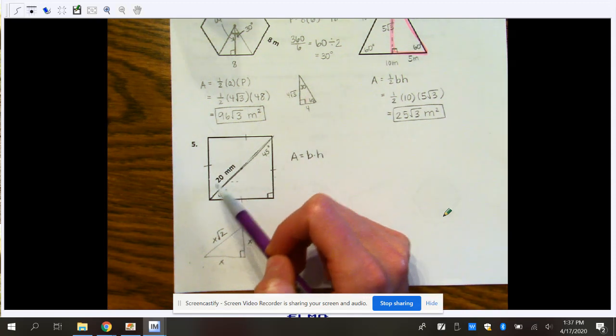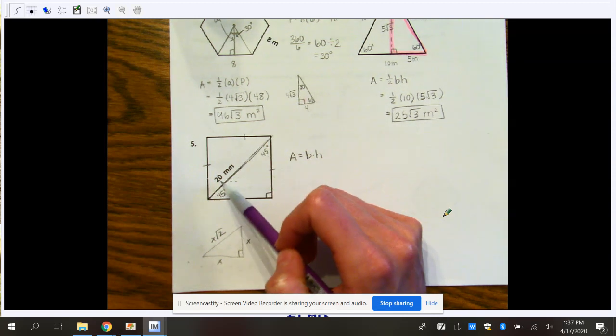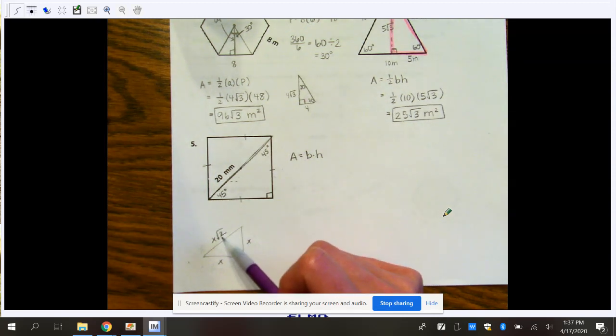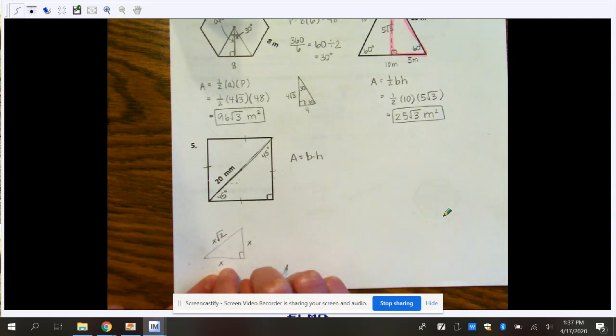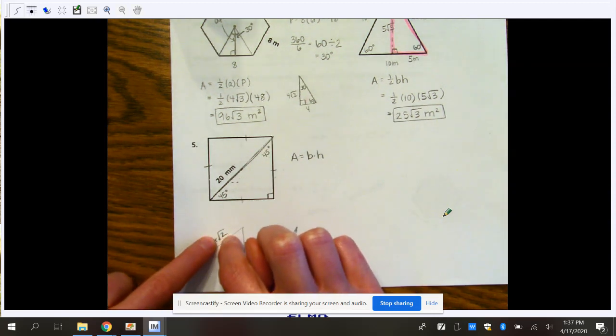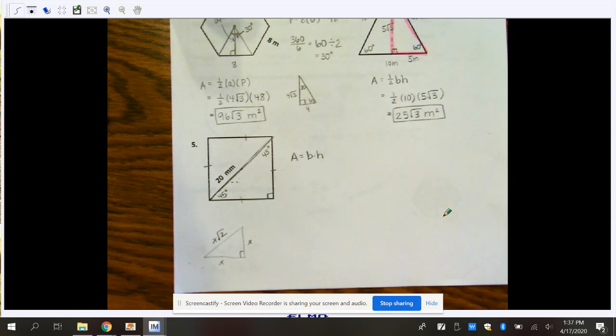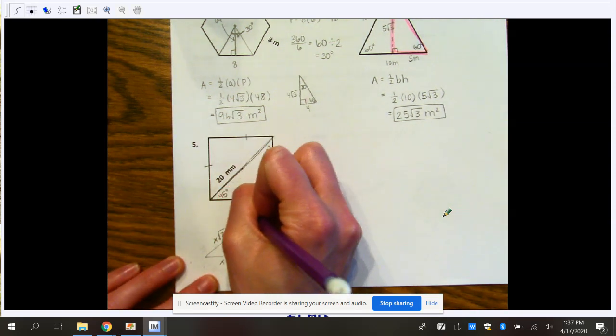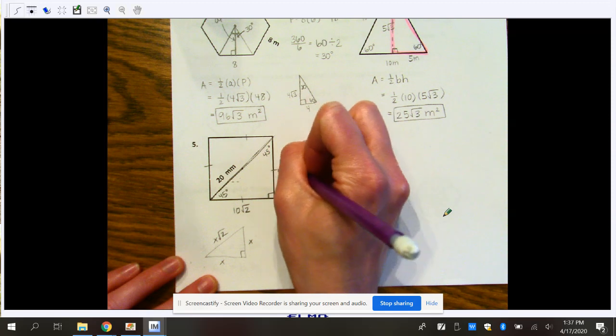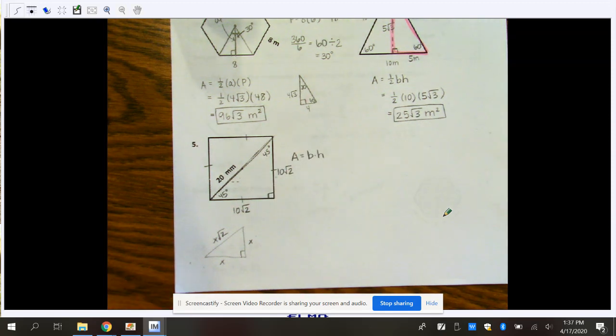And so if your hypotenuse is a whole number and not something with the radical 2 on it, you have to divide that by radical 2, which is essentially dividing by radical 2. So that means that both of these sides are going to be 10 radical 2.